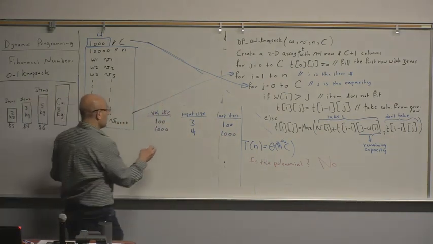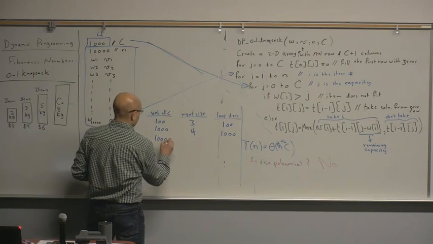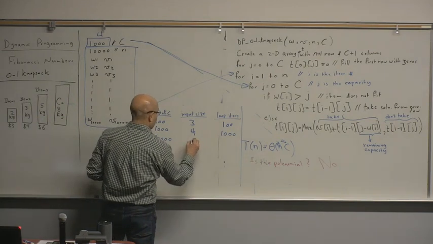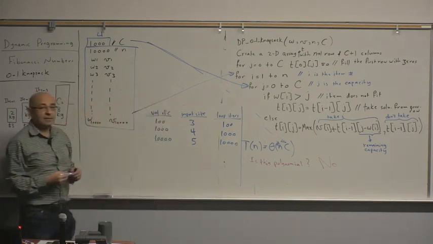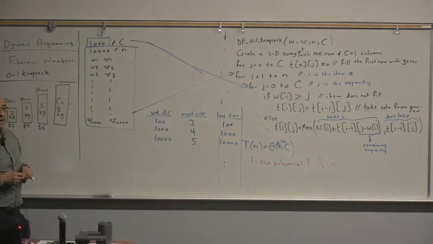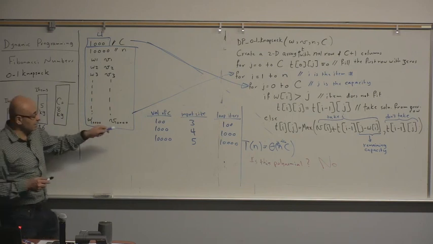If the value of C is 10,000, then the input size is going to be 5, and the loop is going to execute 10,000. Now, the complexity of an algorithm is the number of operations, which is here measured by the number of iterations of the loop, as a function of input size.